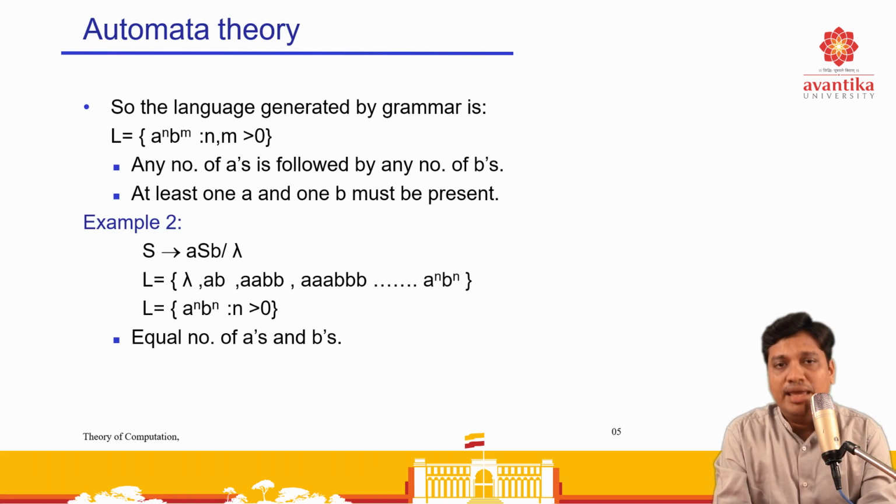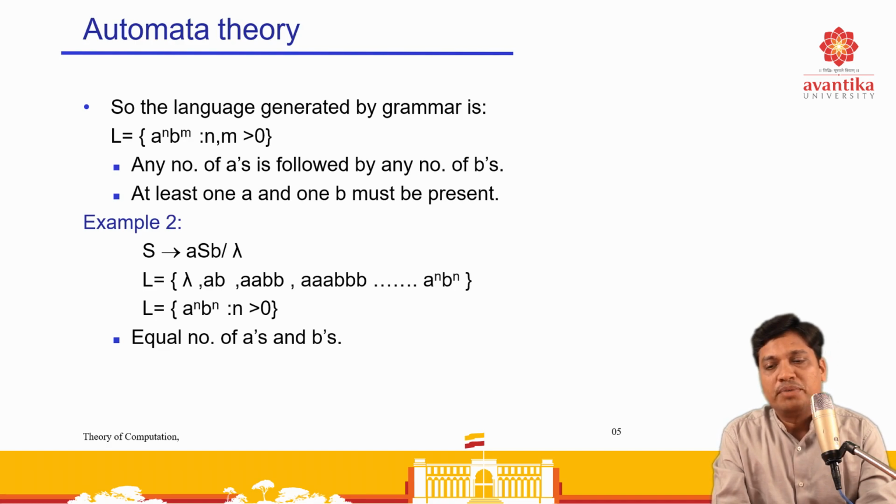Another string is AB, if we put lambda in the given starting symbol ASB, we obtain AB. Then AABB, and 3 times AAABBB, and so on: a to the power n and b to the power n.